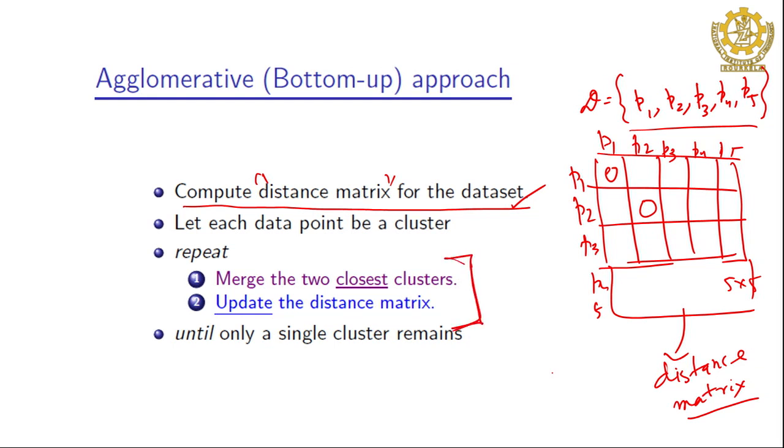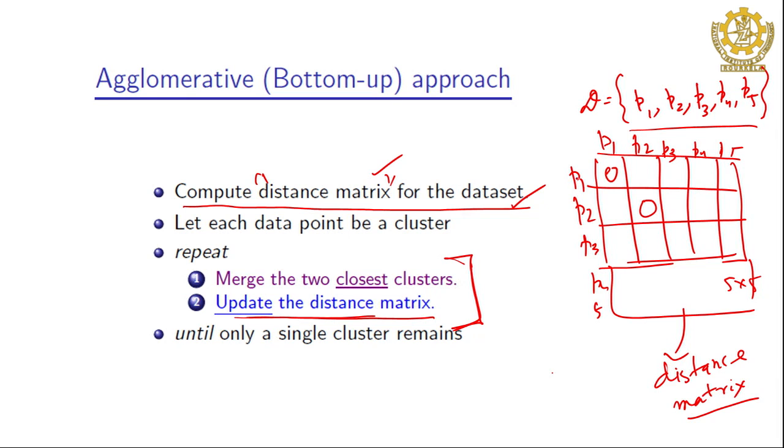Merge the two closest clusters and update the distance matrix. This distance matrix represents the distance from one point to all other points, this is right. It is not only that, this distance matrix represents the distance from one cluster to all other clusters.